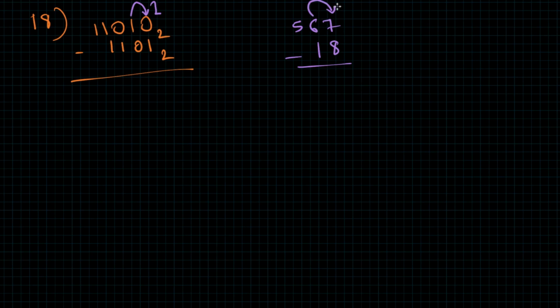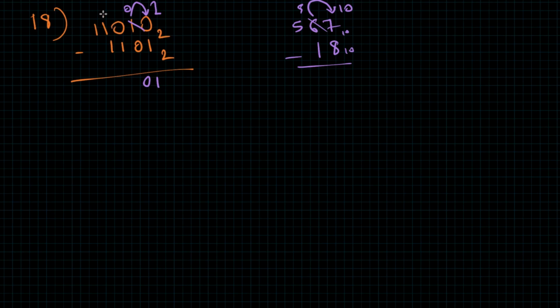You bring 1 here. What happens is here it becomes 5, and when this 1 comes here, it becomes 10 because this is base 10. Similarly, you bring 1 here, this becomes 2, and this becomes 0. Subtract 1 from 2 is 1, and here again 0 minus 0 is 0.